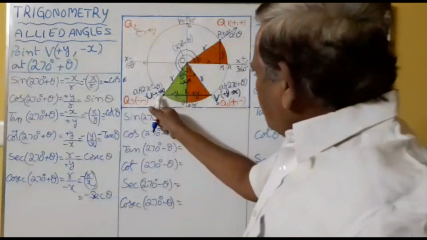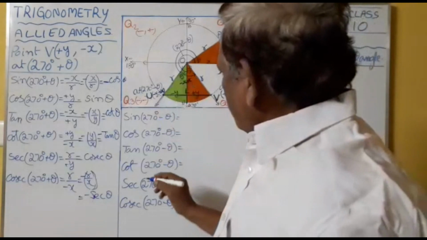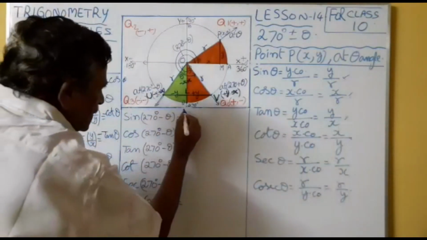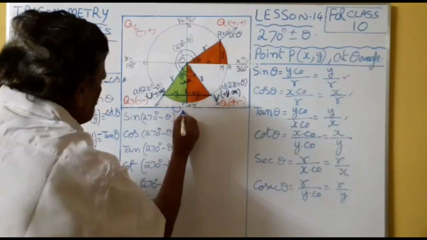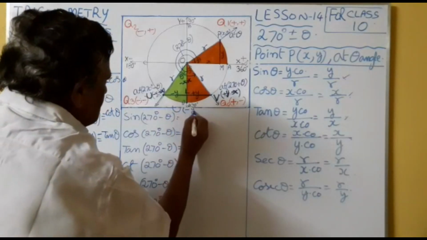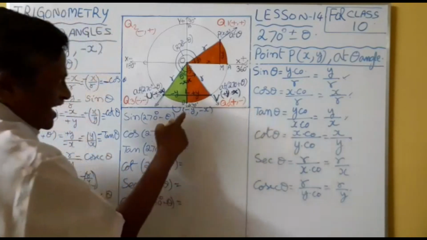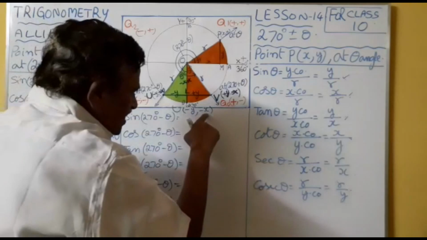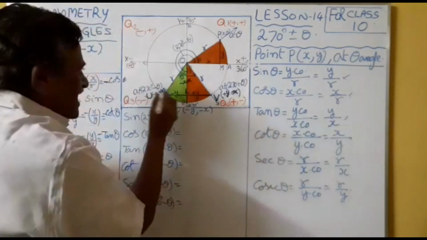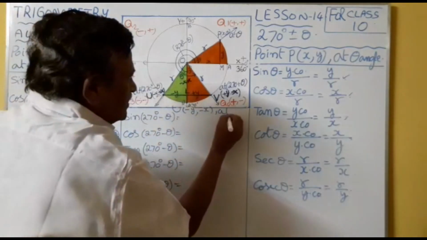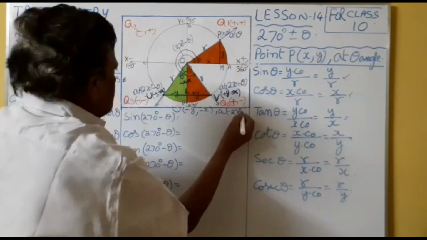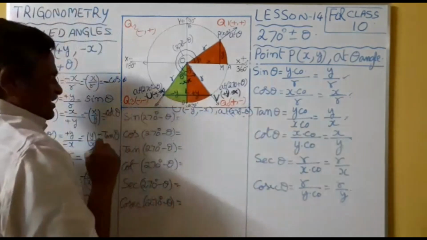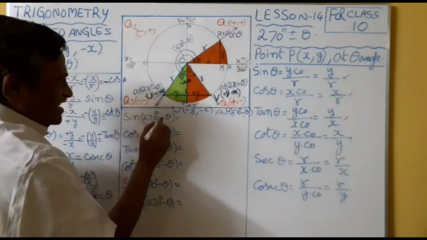Now, let us write for this point. Point U is minus y, minus x. That is, the x coordinate is minus y and the y coordinate is minus x, at 270 degrees minus theta angle. Sine of 270 degrees minus theta.